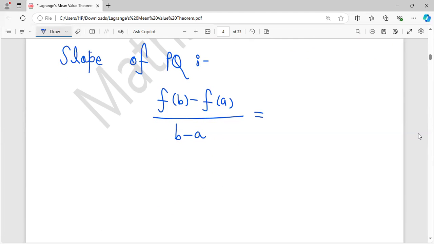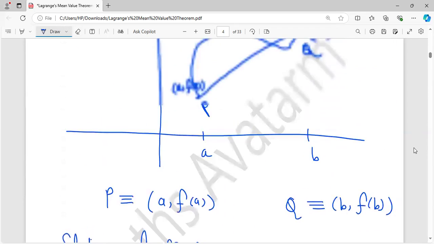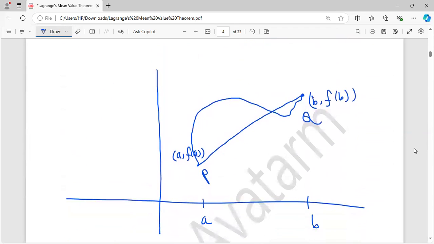That is equal to the slope of the tangent at some point c. Let's say this is the point c. This chord is parallel to this; both are parallel. This is f dash c.